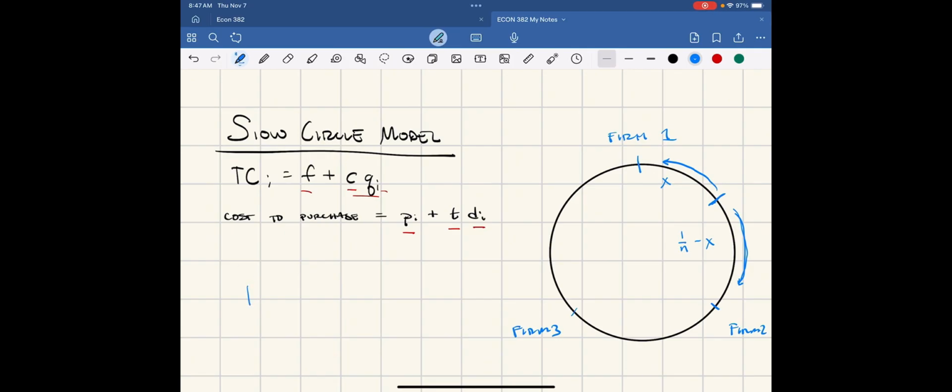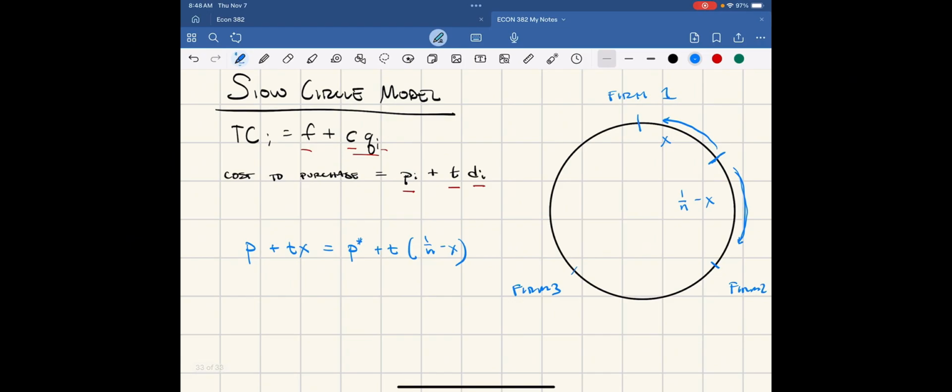The price charged by firm 1 plus the cost to travel to firm 1 is going to equal P star, which is the price at another firm, because they can theoretically charge a different price, plus T, the cost to travel, times 1 over n minus x, which is the distance they have to travel.